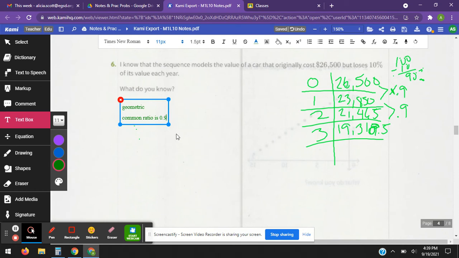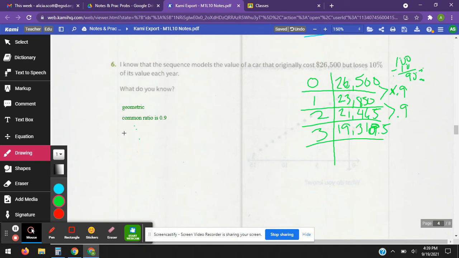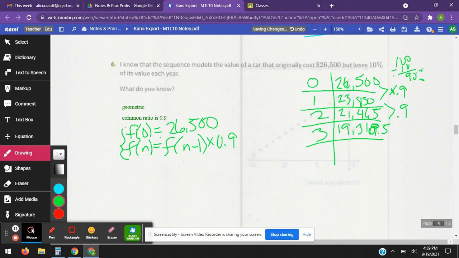My recursive: f of 0, my original amount, is 26,500. And what I'm doing each time is a times 0.9. Use the x this time since I have some dots. And then my explicit is going to be f of n equals my starting amount.